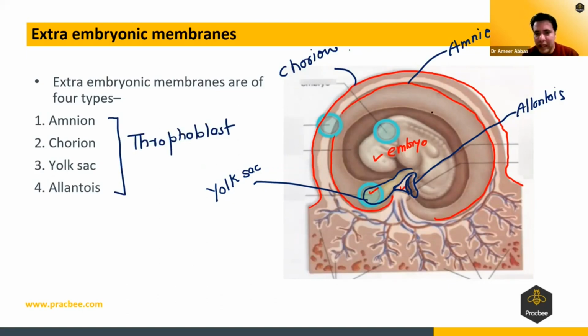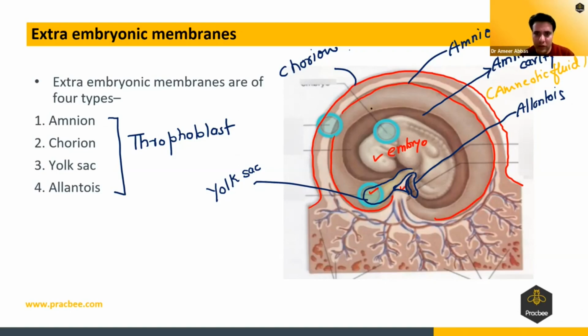So there will be a cavity between the embryo and the amnion layer. This cavity is known as the amniotic cavity. It consists of a fluid known as amniotic fluid, and this fluid is very helpful in determining the sex of the child and also some genetic disorders, and it also protects the developing embryo from mechanical shock.